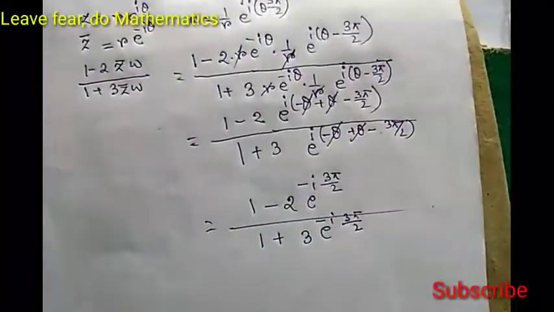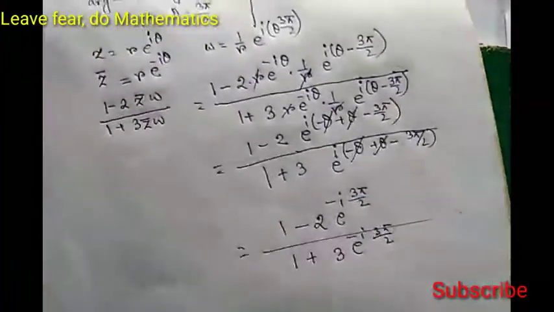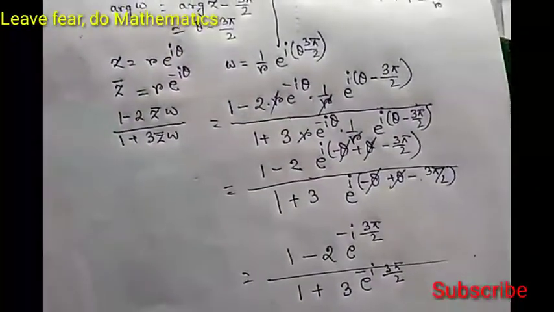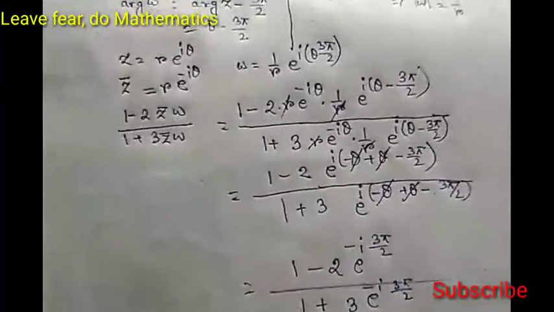Now let us find what e to the power minus i into 3 pi by 2 is.